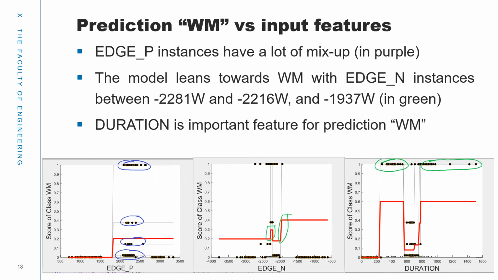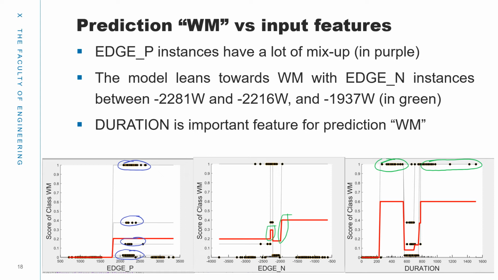With HN, the model leans toward washing machine with values between negative 2281 watts and negative 2216 watts, and about negative 1937 watts. We see the PD plots rising with these instances as highlighted in green. Nonetheless, the rise is not too much, indicating low confidence in the prediction.